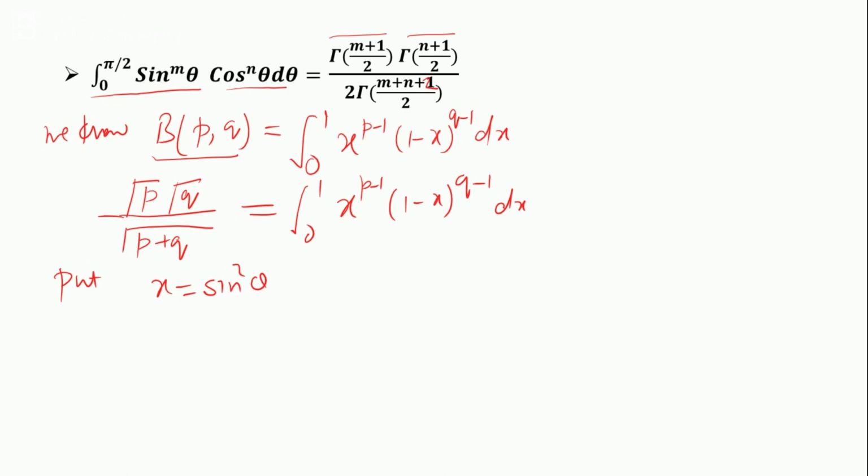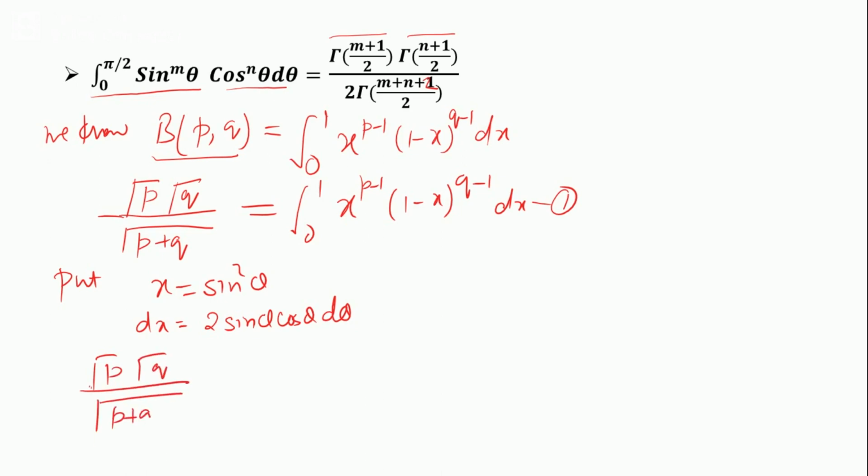So dx we put 2 sine theta cos theta d theta. Now substitute in that equation 1. So we can write gamma p gamma q upon gamma p plus q is equal to the limit: when we put 0 we get theta 0, and when we put 1 here we get theta pi by 2.